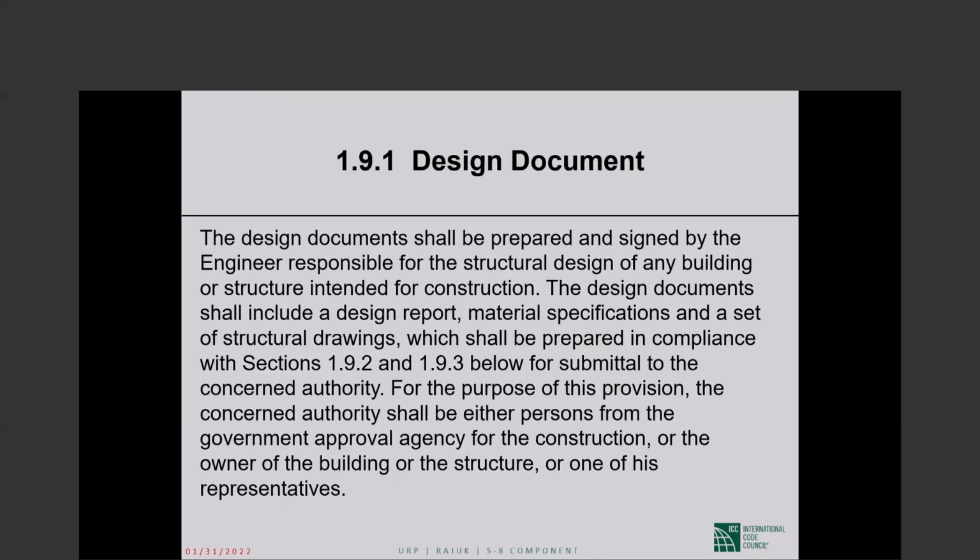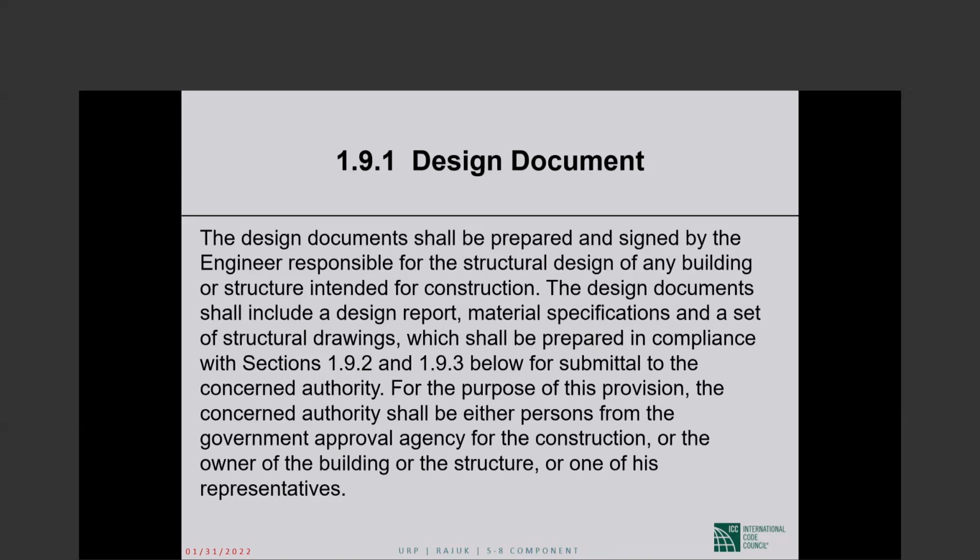Depending upon where you are, it may be municipality, it may be PWD, executive engineer. These things are laid down, and there is no confusion about that. So the concerned authority is what BNBC says. The concerned authority, as I said, for most of you will be Rajuk.